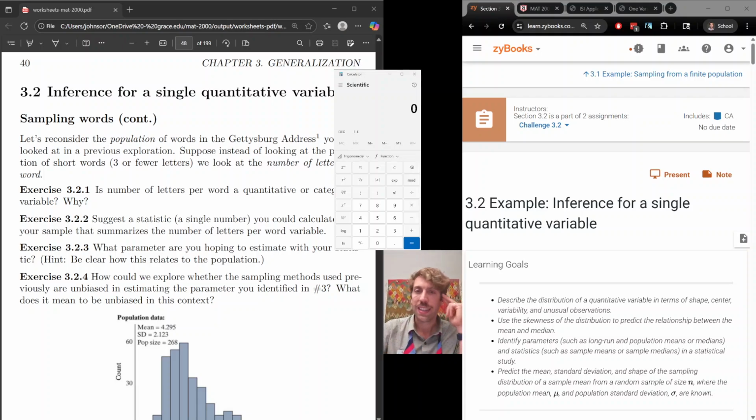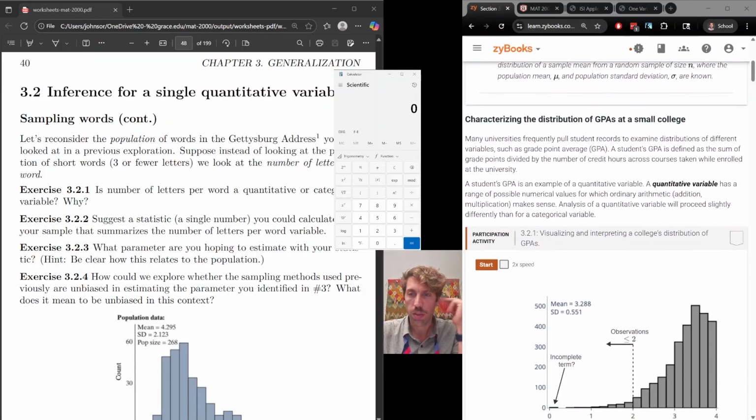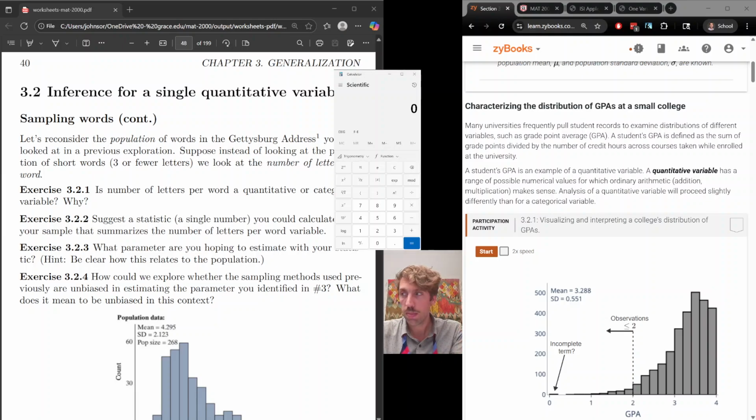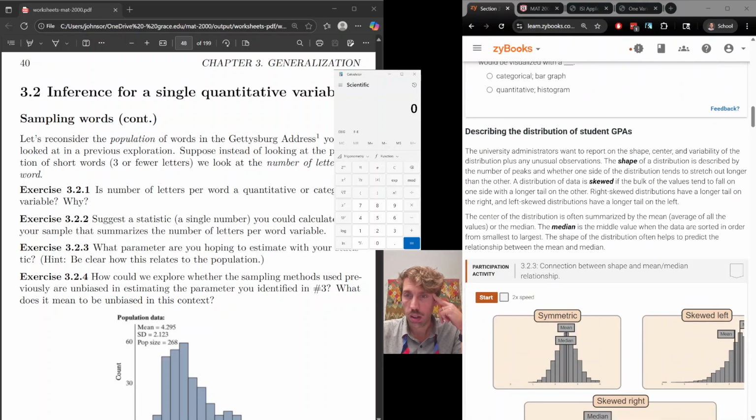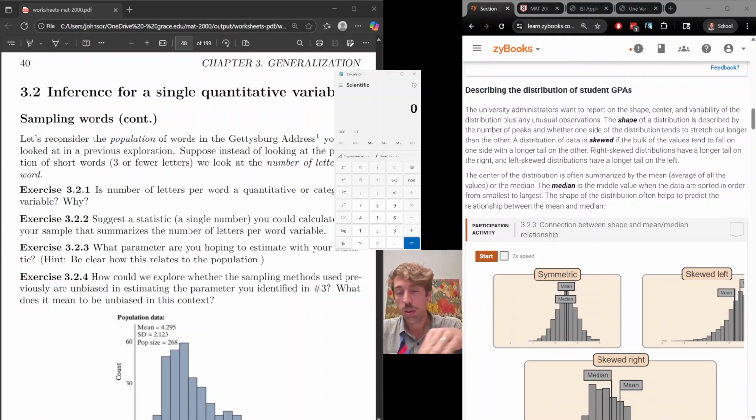So, in the reading that you should have done, some of the things that you covered would have been quantitative variables, since we covered more of a categorical variable situation last time. When we talk about a quantitative variable, we end up making a histogram of the distribution.